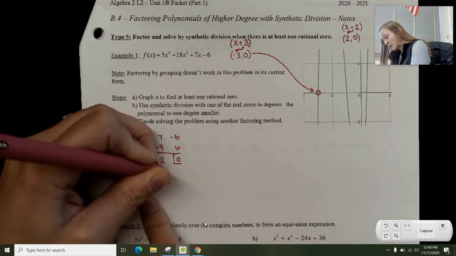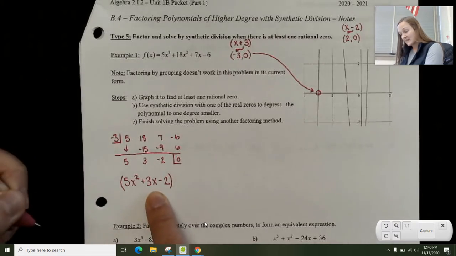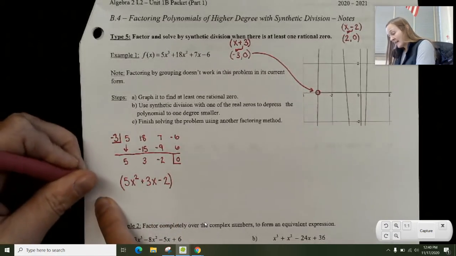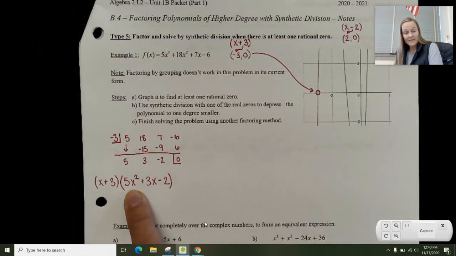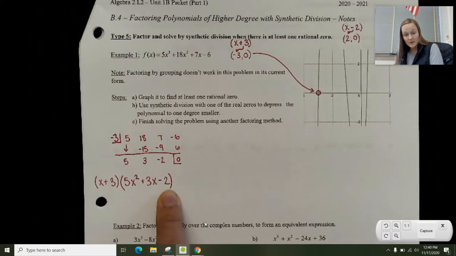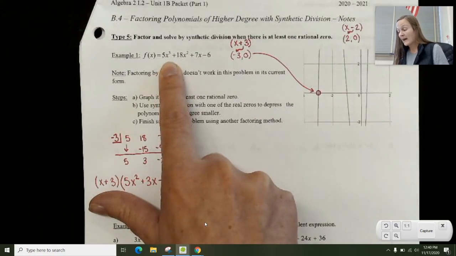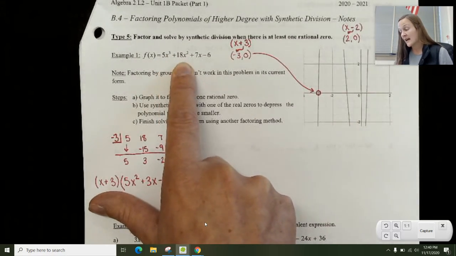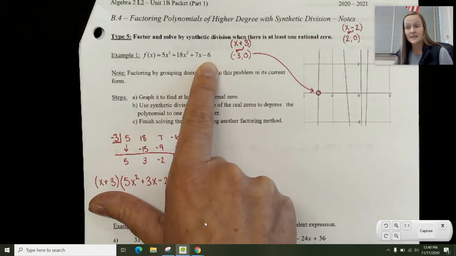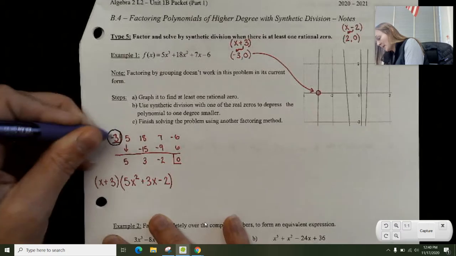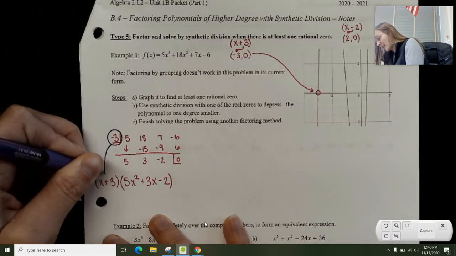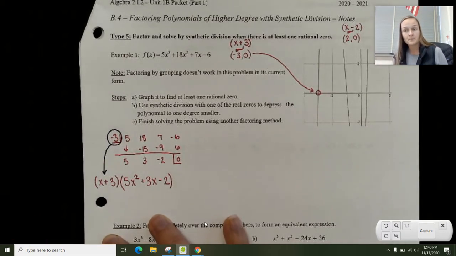This is my quotient. But this tells me that x plus 3 times 5x squared plus 3x minus 2 is equal to 5x cubed plus 18x squared plus 7x minus 6. The -3 is making a reappearance as a factor, x plus 3, below.